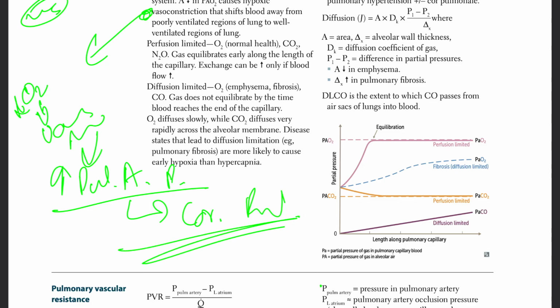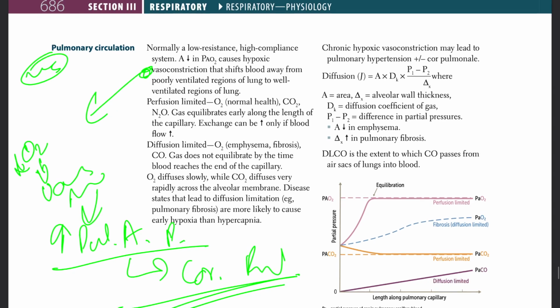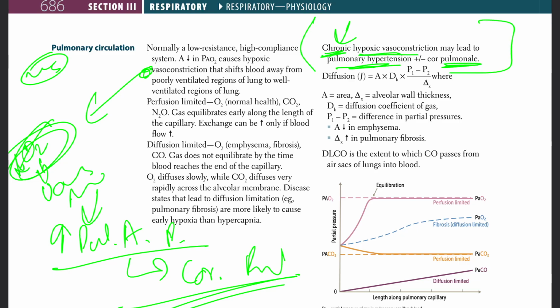Although very simple, it's high yield. On the right side, it causes chronic hypoxic vasoconstriction, same thing. Pulmonary hypertension, cor pulmonale. This is very high yield.